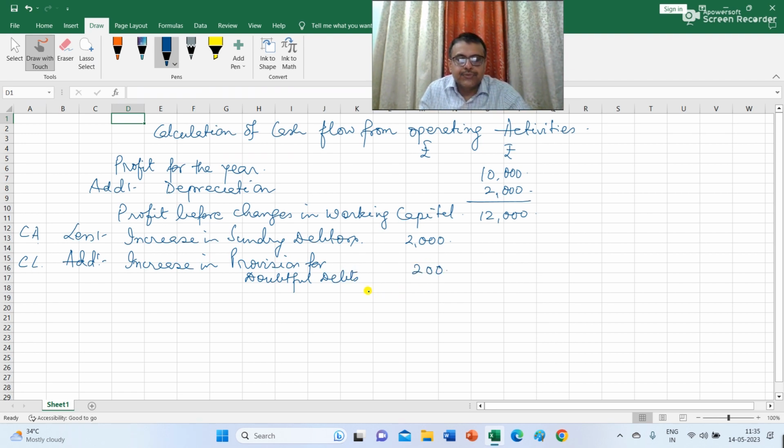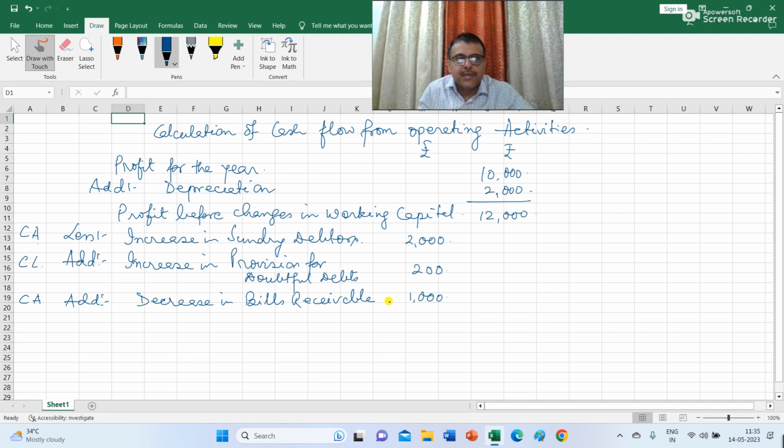The next item is regarding the bills receivable. There is a decrease in the value of bills receivable. Bills receivable is a part of your current asset. So I have to add back decrease in bills receivable. This is for rupees 1000.